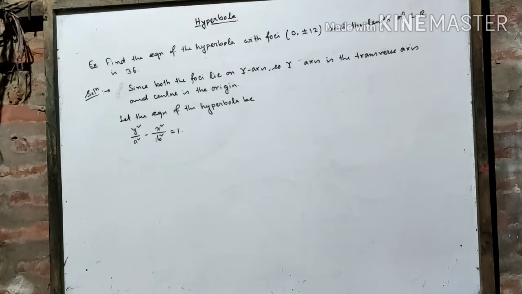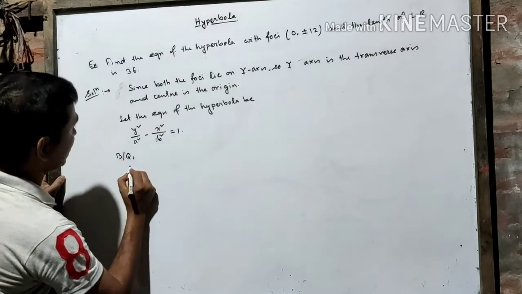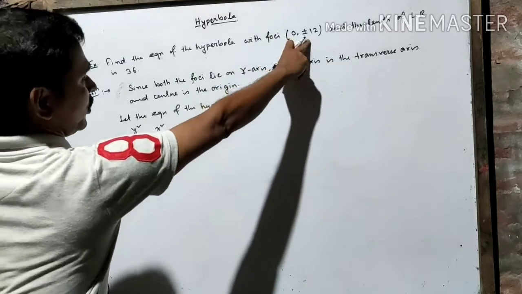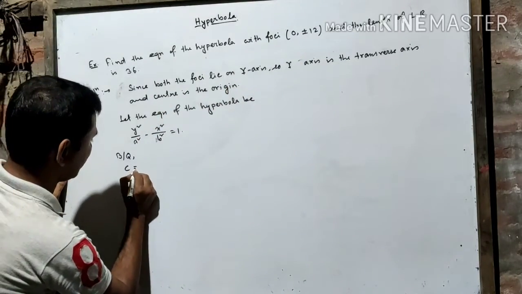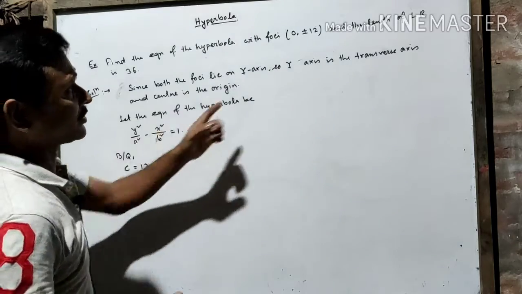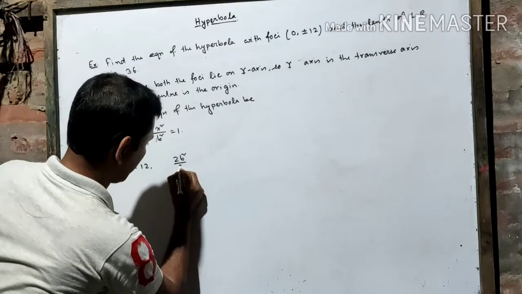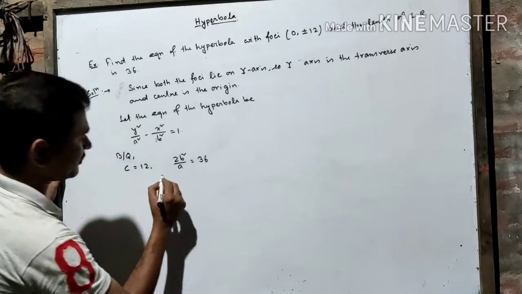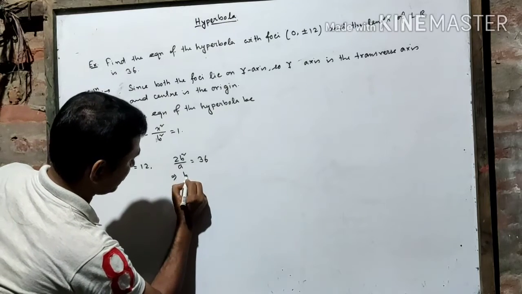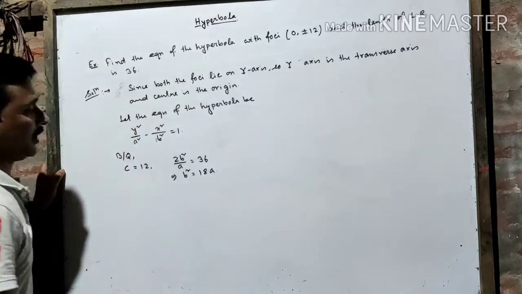Okay. So by question we know coordinates of foci is (0, plus minus c), so c is 12, and length of latus rectum 2b square by a is equal to 36. This implies b square is equal to 18a.